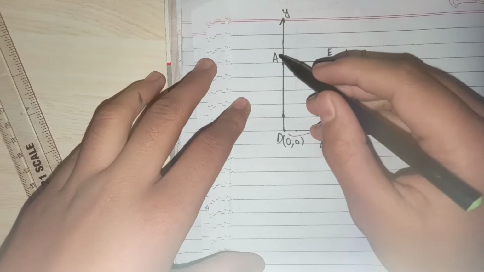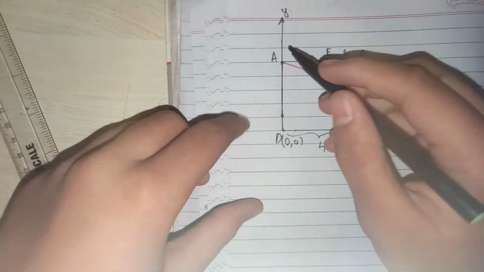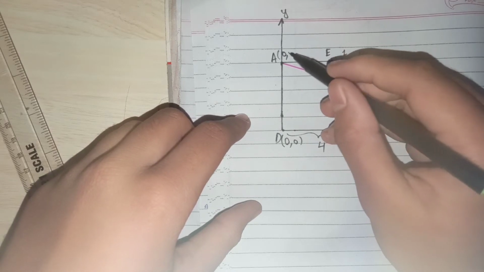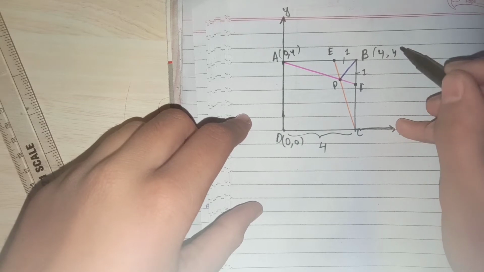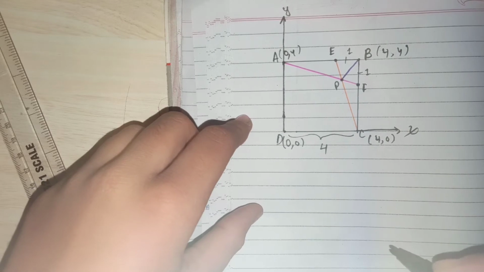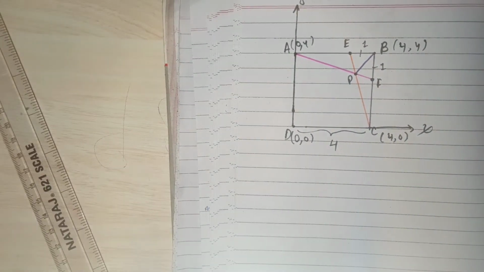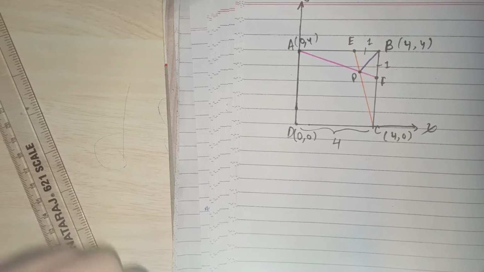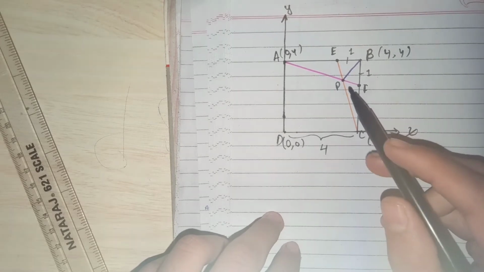Now since the side length of the square is 4, A is at the point (0, 4), B would be at the point (4, 4), and C would be at the point (4, 0). Alright, so we need to figure out the coordinates of point P.